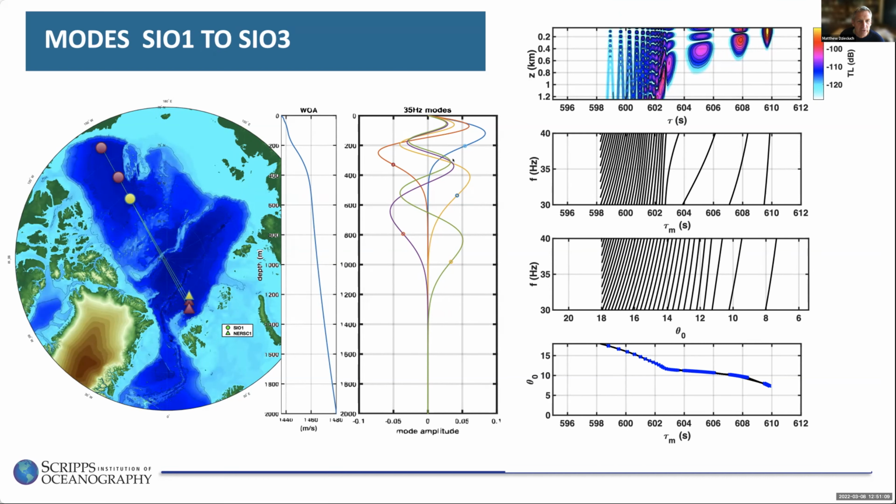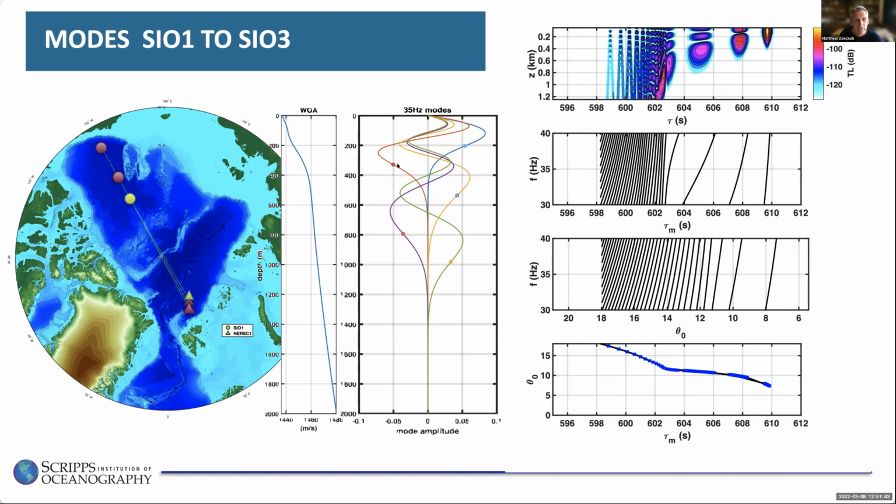On the left, I have a picture of what the first few acoustic modes look like. Mode 1 in this pattern is the blue here, and mode 2 is the red one, and so forth. I computed all this for a very simple profile. This is a climatological profile. It's very smooth. This is the sound speed as a function of depth. The reason we're interested in these modes is that they are sensitive to the sound speeds or the temperature at particular depths.